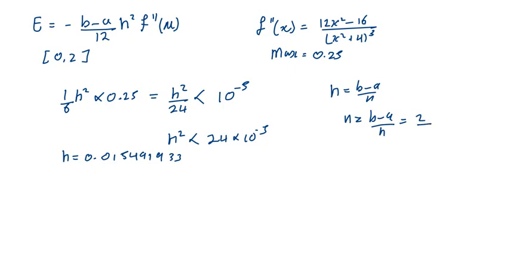Our h that we already have, 0.015491933. You're going to end up with your value of n to be equals to something like 129.0994481, like that. Okay, so if you write that to the nearest whole number, n is equals to 130.